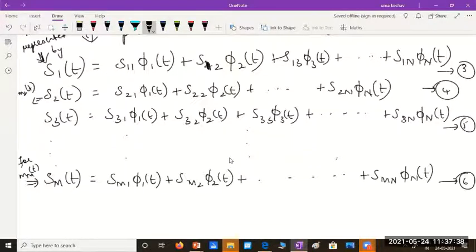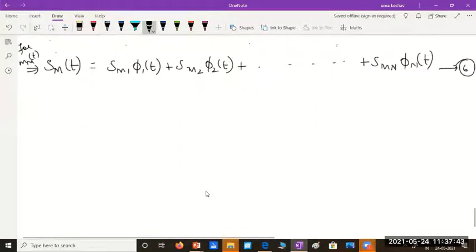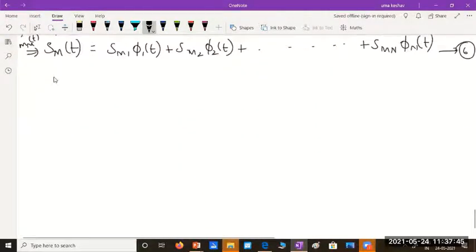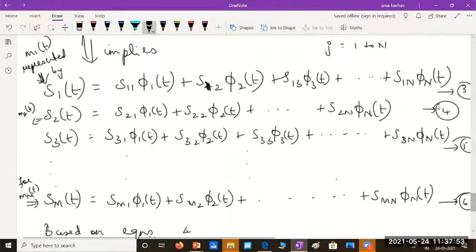So you can have this, and based on equations, how many equations do we have here?